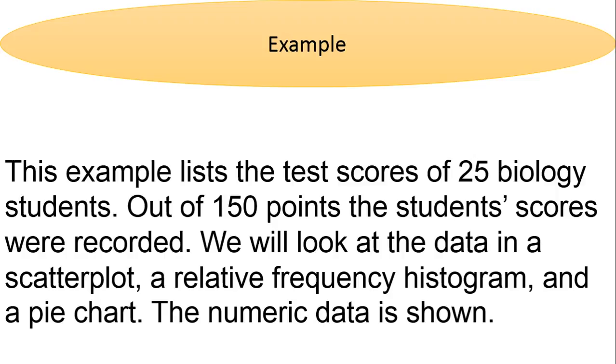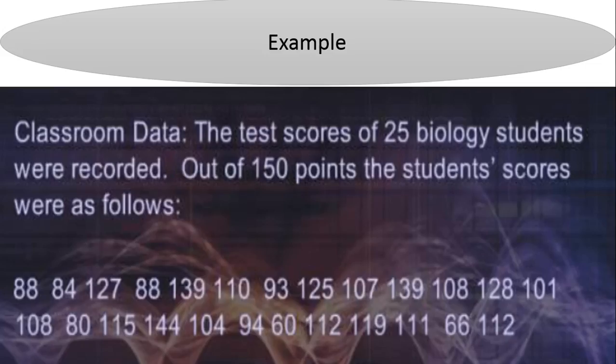Here is the numerical data related to classroom data: the test scores of 25 biology students, out of 150 points. You can see the different scores obtained by each of the 25 biology students.